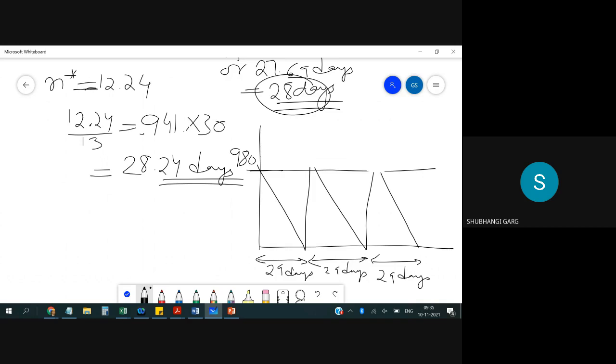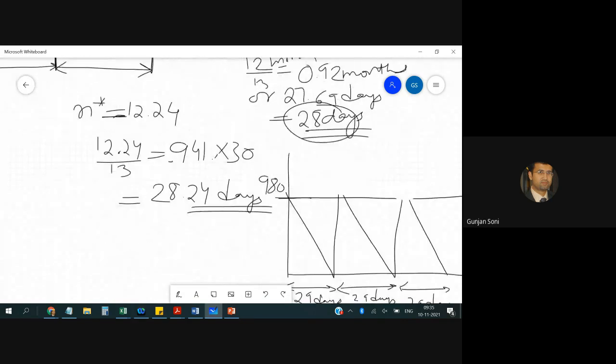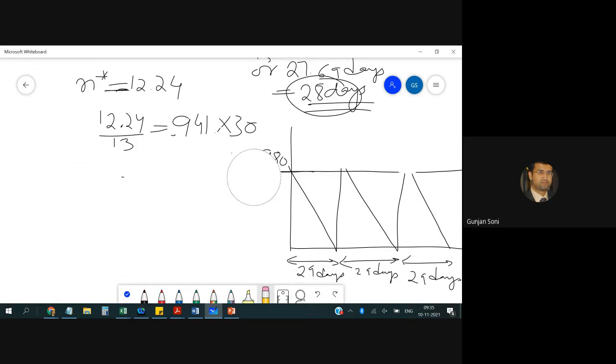Excuse me, sir. Sir, shouldn't it be 12 by 12.24? No, why? See, we rounded it off to 13 in the previous case. Just a second. Maybe I have made a mistake. Let me see. Oh, yeah. Sorry. So it has to be, let's correct it.